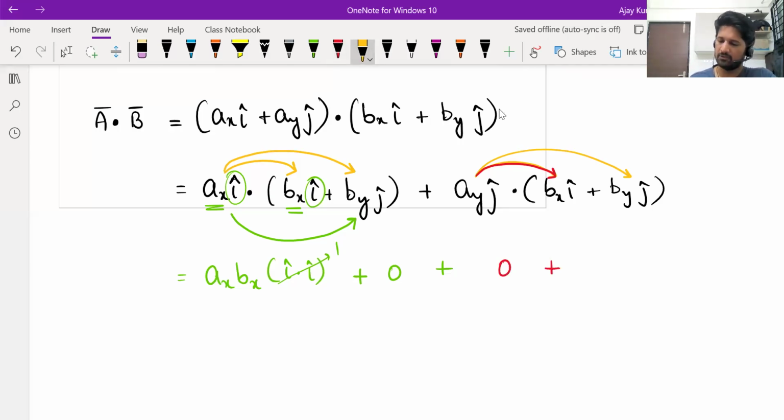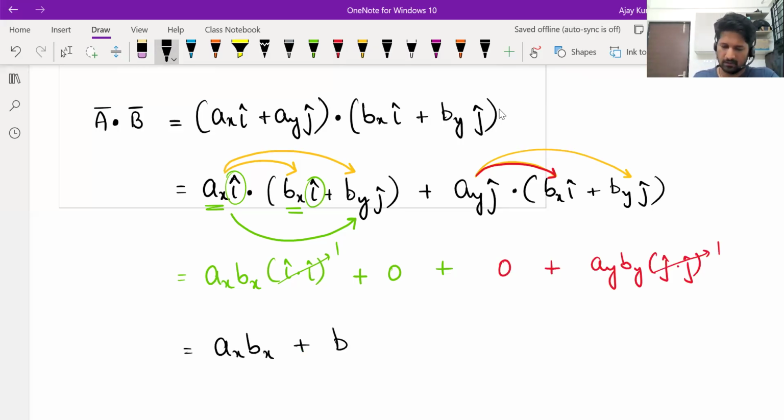Ay j cap dot by j cap. Sir, ay by. Ay by multiplied with j cap dot j cap actually, and j cap dot j cap is 1. So ay by. So finally, what is the result we get? The product of their x components plus the product of their y components, ay by.